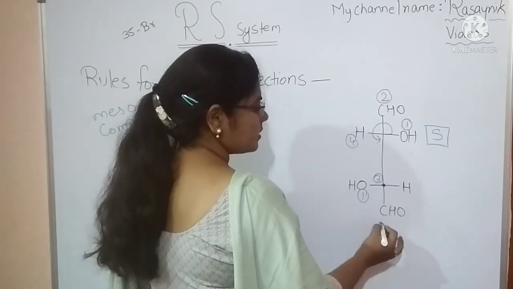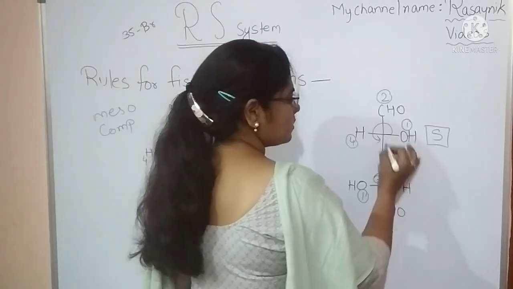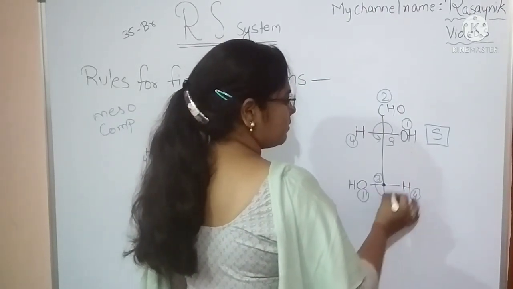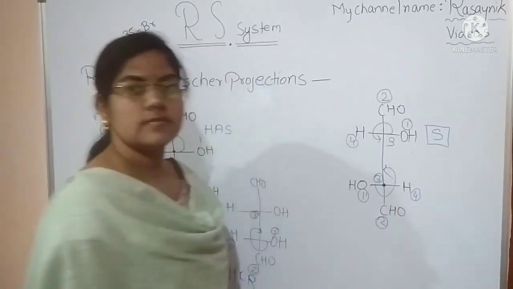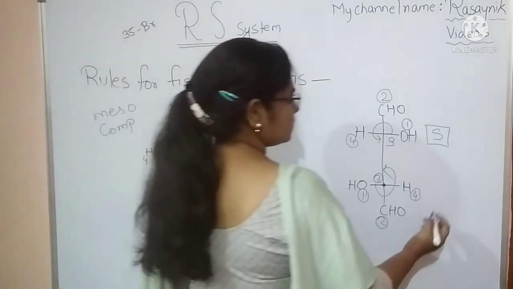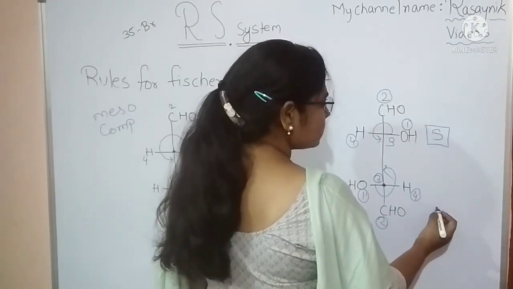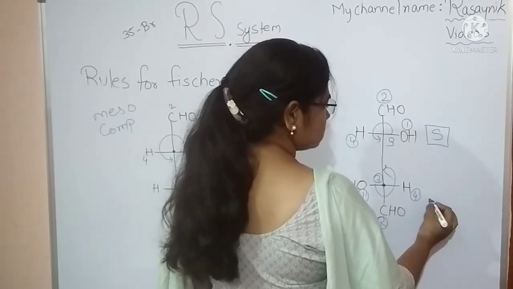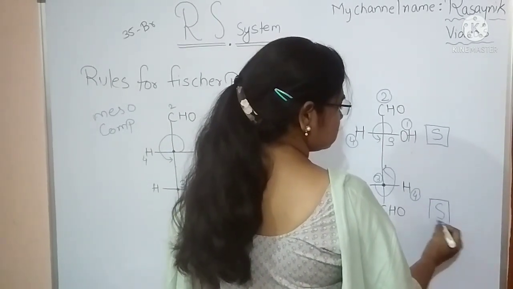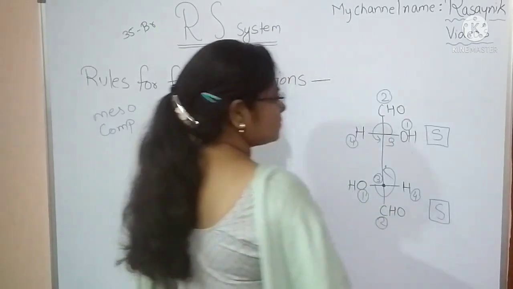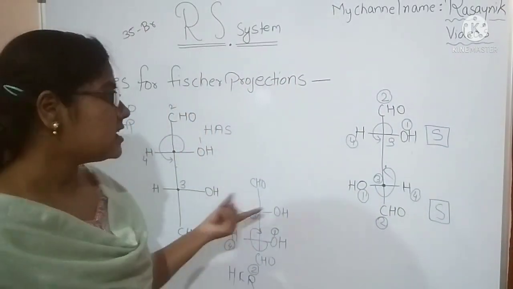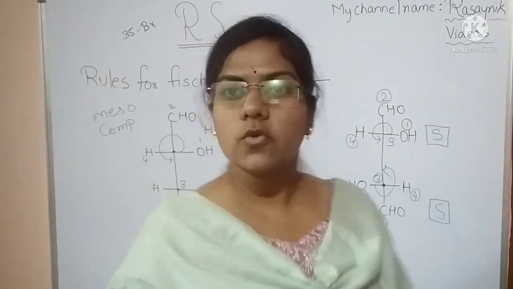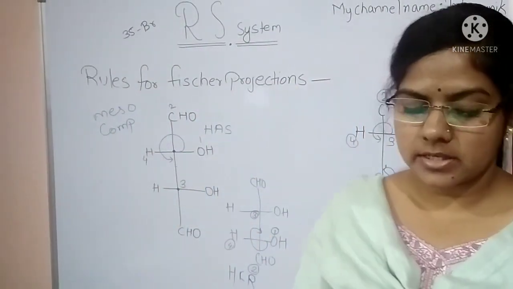First priority, second priority, this is third priority, and this is fourth priority. How will it rotate? Like this. This is also S configuration. So these are the examples we have taken from the rules of Fischer projection.